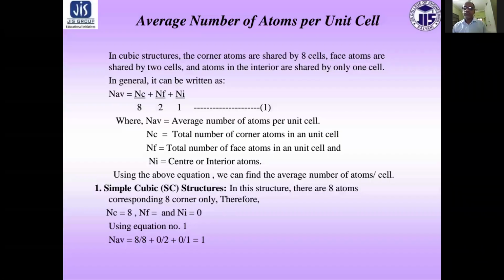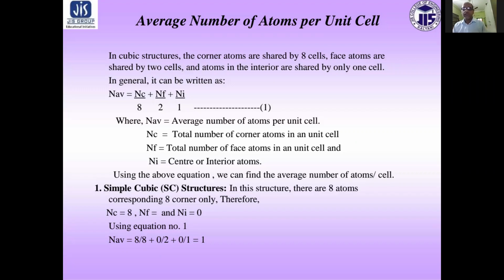If we see a cubical structure, there are a total of 8 corners, so there may be 8 atoms. There are 6 faces in total, so one atom may be placed in a face, or an atom may be placed in the interior of a unit cell.